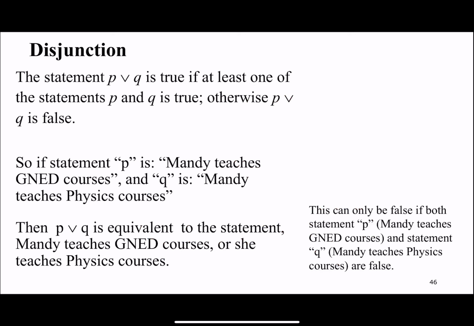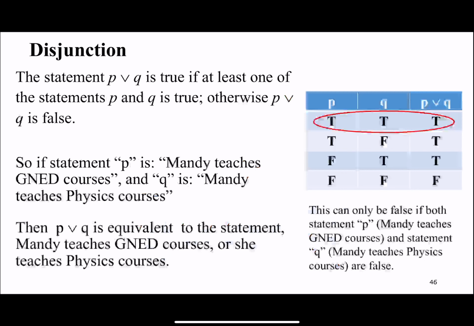Well, at least one of them must be true. For example, if I teach gen ed courses is true, then P or Q is true. Or if I teach physics courses, right, is true, then P or Q is true. If both are true, I teach physics courses and I teach gen ed courses, that's great. P or Q is true, okay? So at least one of them must be true to get a true value.